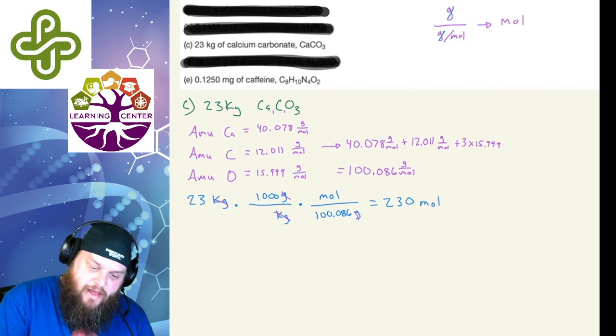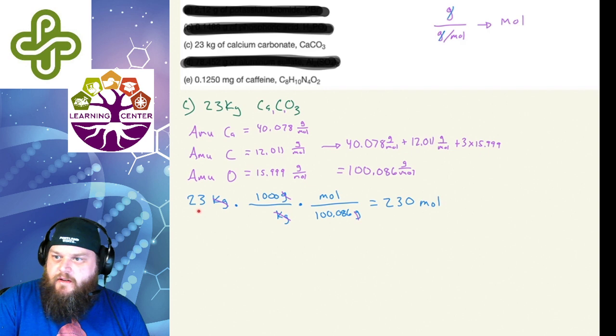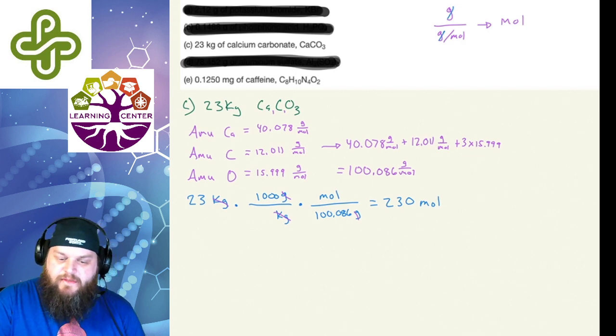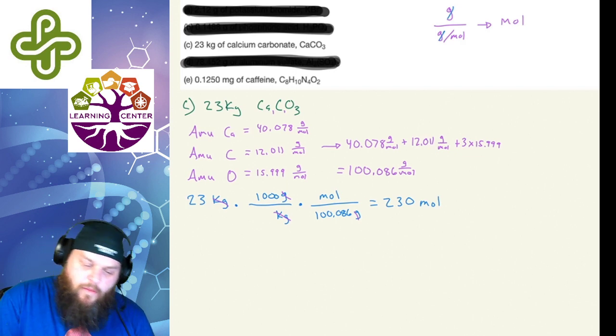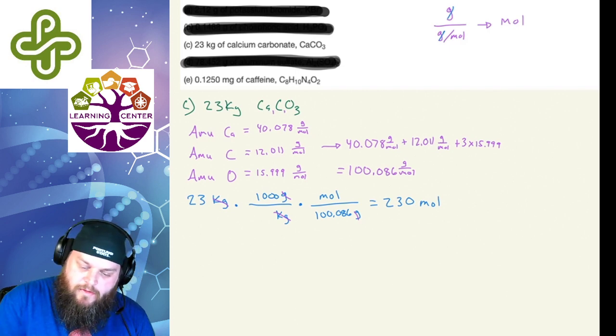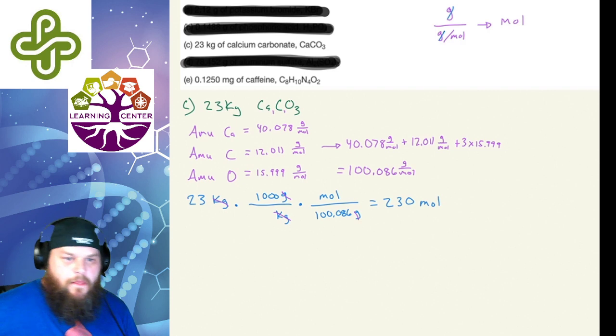So since we had two significant figures here, we need to make sure our answer is in two significant figures. So we could have written 229. Even if we rounded to three significant figures, it'd still be 230. But the difference is we don't put this little dot here because we're only doing two sig figs. So that's how many moles are going to be in that calcium carbonate.